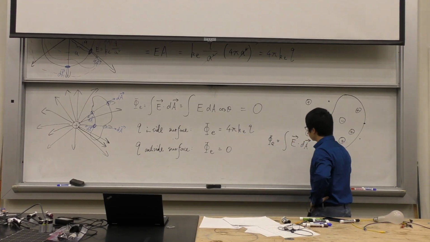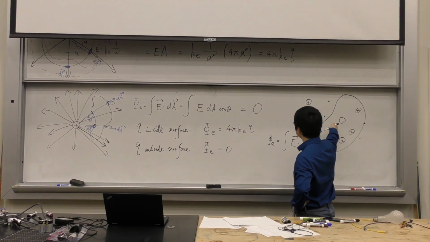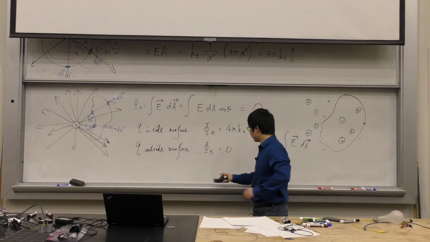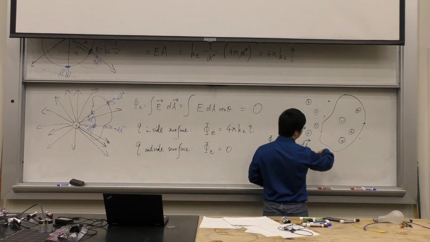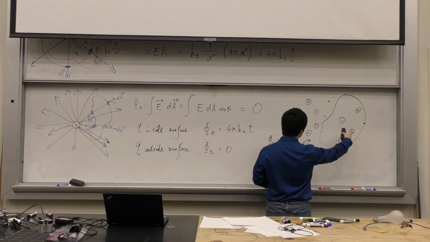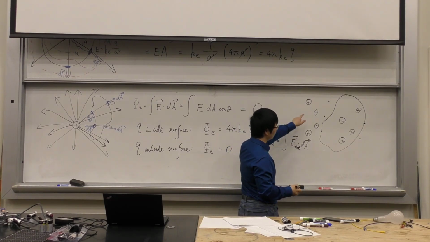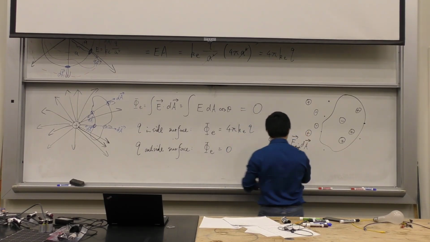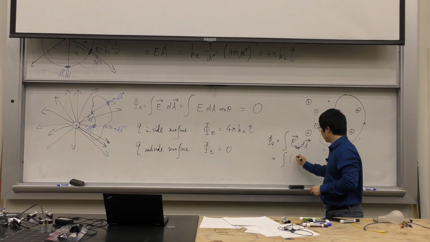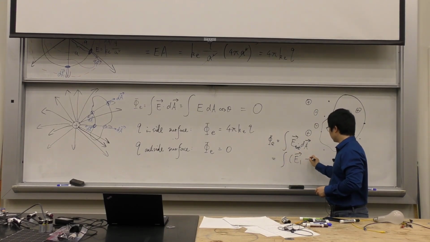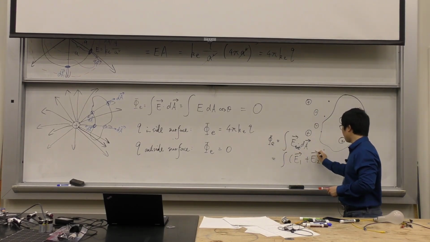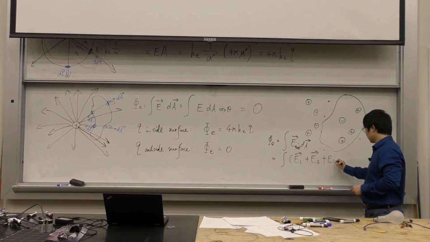Because the flux through this surface from the electric field created by all these charges, right? I can still do that. The electric field mathematically is going to be the total electric field created by all these charges. But that's just going to give me E1 plus E2. So this is totally math, okay? Totally abstract.